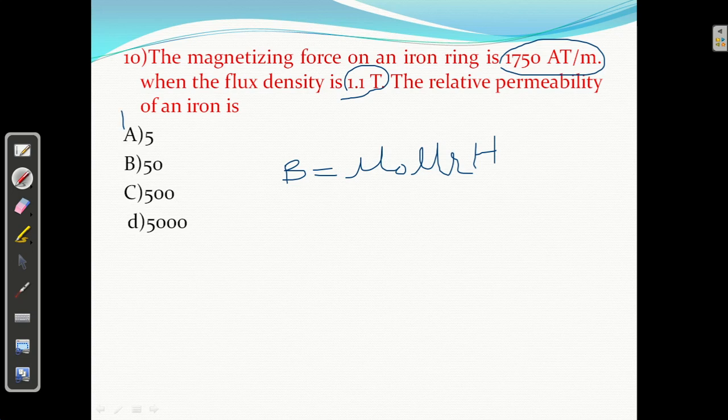So B is given 1.1. Mu 0 is 4 pi into 10 raised to power minus 7. Clear? H is given. What is H? 1750.